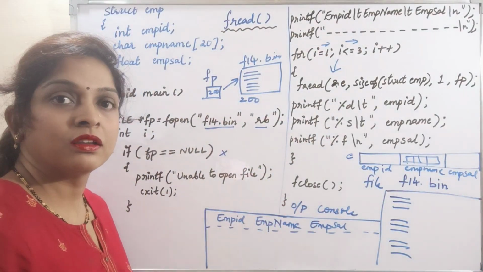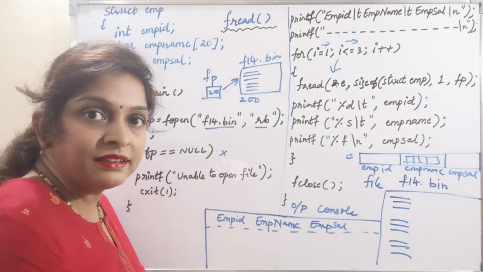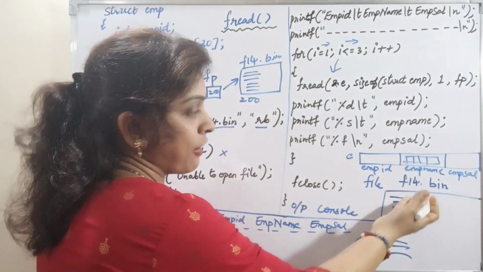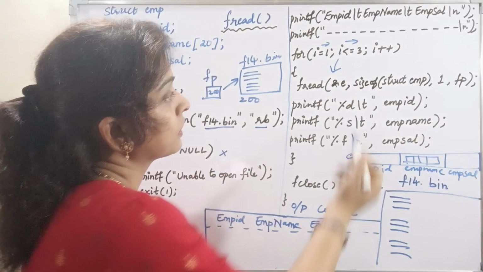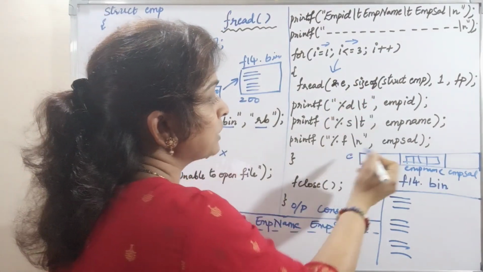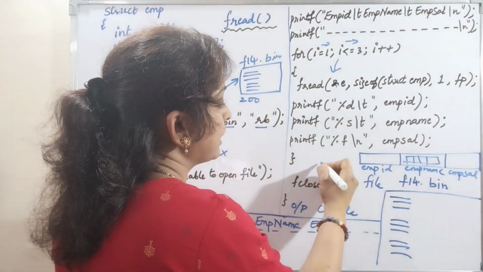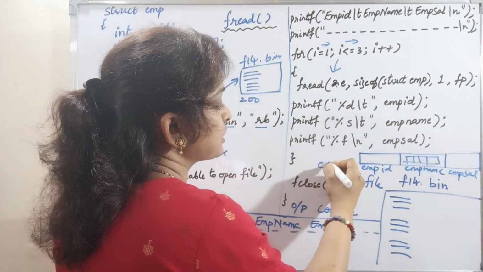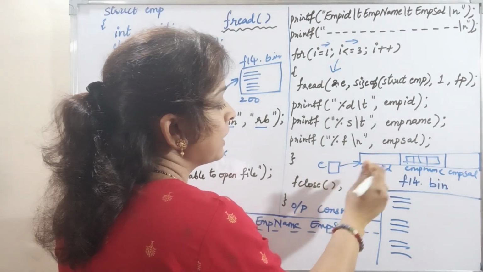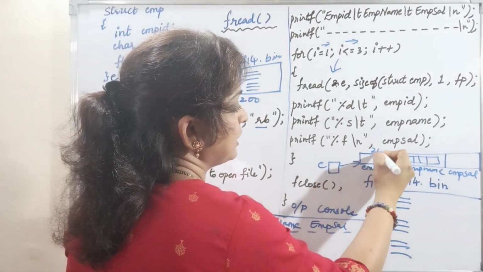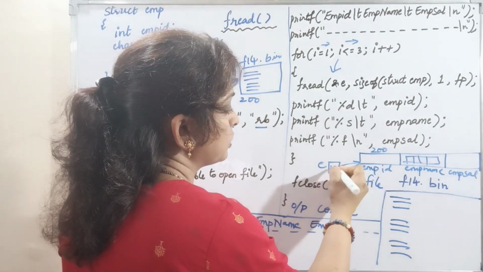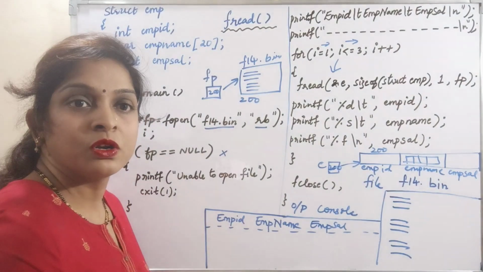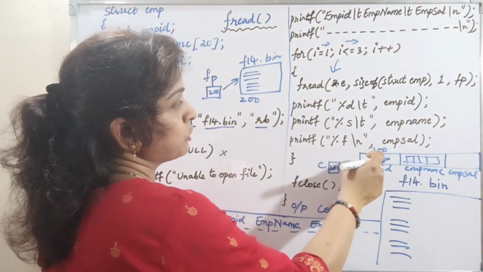So we are reading the data from the file f14.bin, file pointer will give you that reference, and store that to the address of E. Well, E is the constant pointer which is pointing to the base address. Say for example, the address of the first member, so E is pointing to 200.